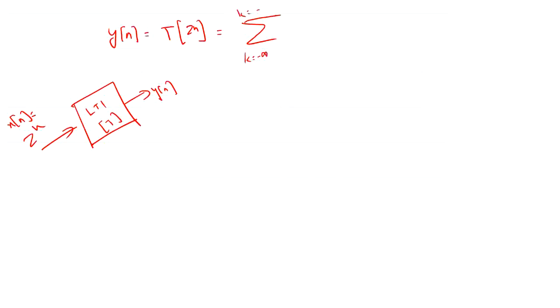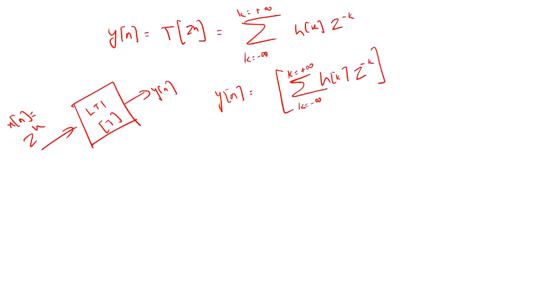We have y[n] equal to the summation over k from minus infinity to plus infinity of h[k] z raised to the power minus k, multiplied by z raised to the power n.